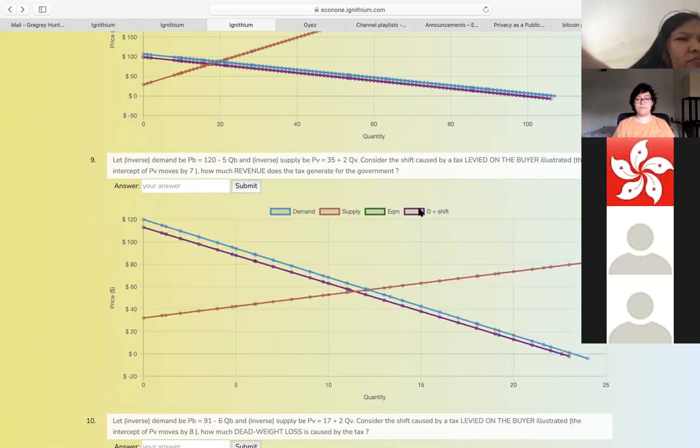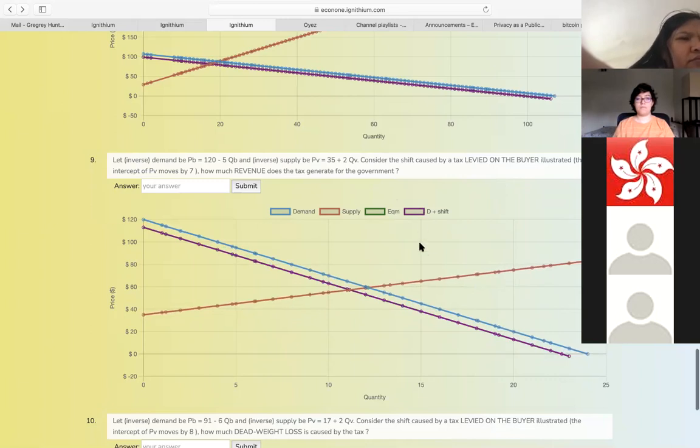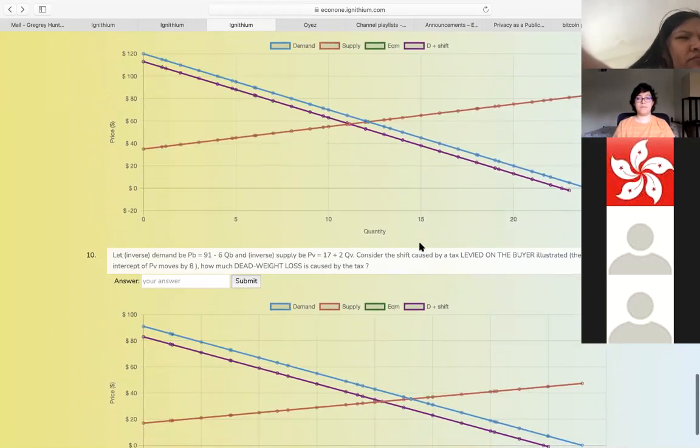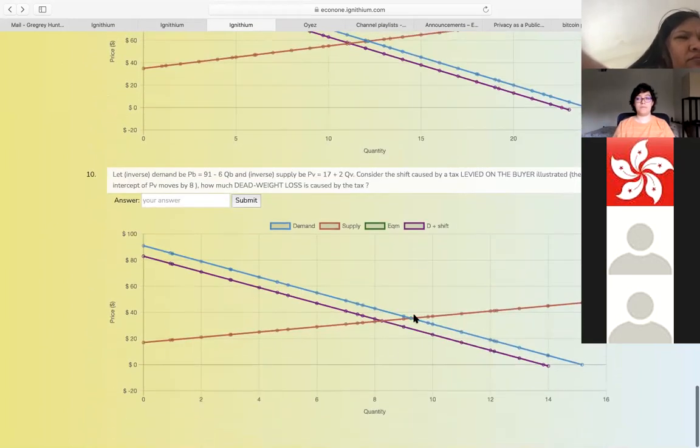So that's an equivalent way to represent the tax. And then this one, we have our little deadweight loss triangle there. But again, the base of the triangle is going to be the amount of the tax. So in this case, it's still a tax of 8. So it would just be that little triangle there. So that's all the questions.